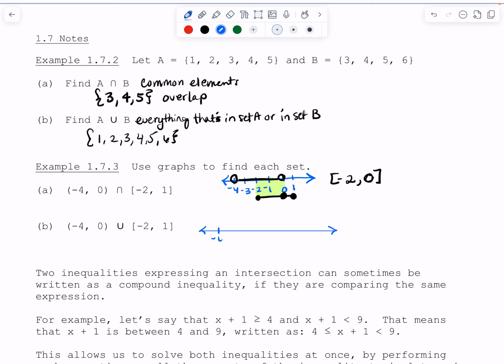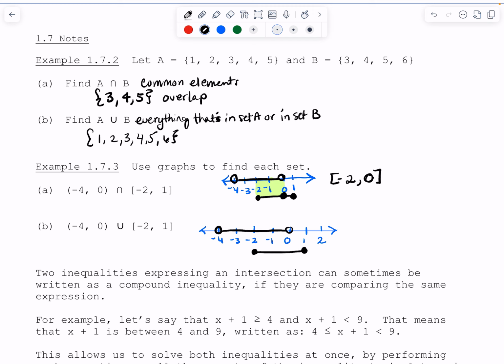So I'm going to give myself a little bit more room this time around. Okay, so I'm going to graph negative 4 to 0 in black. So negative 4 to 0. We're not including those endpoints because the inequality sign didn't have us do that. Okay, so there's my graph of that. Now I have negative 2 to 1. Okay, so negative 2 is included, and I'm going to the value of 1.